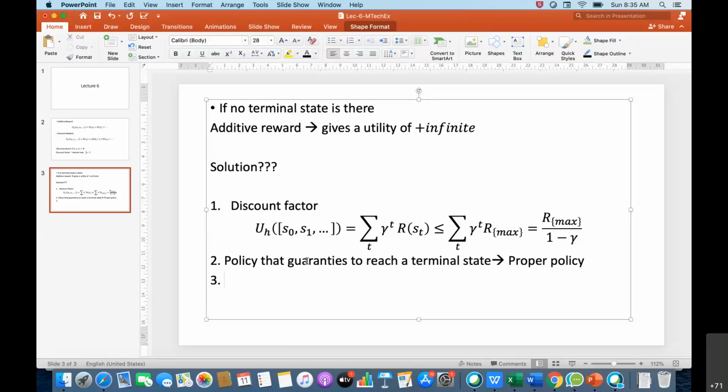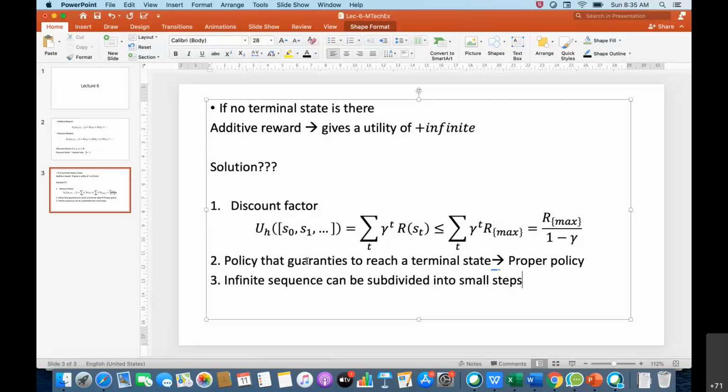So this is the third solution: an infinite sequence can be subdivided into small steps.